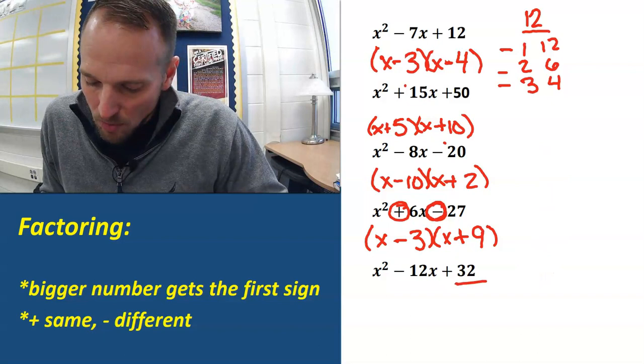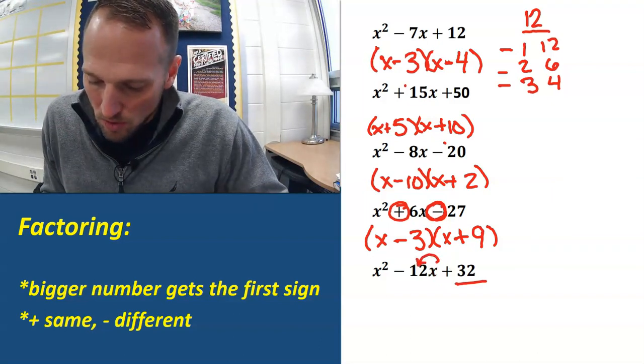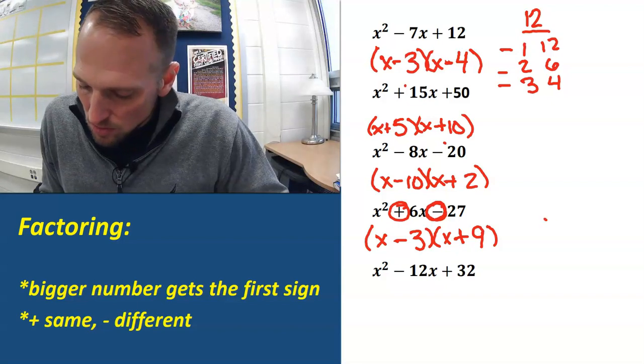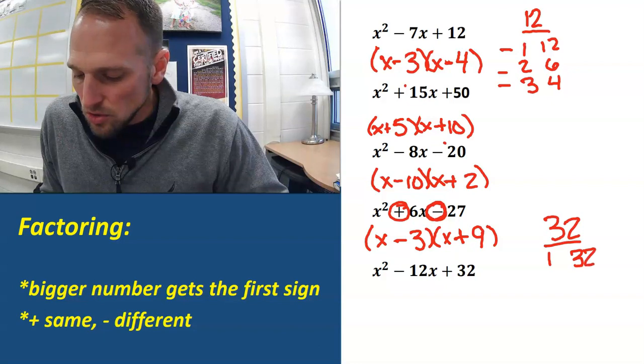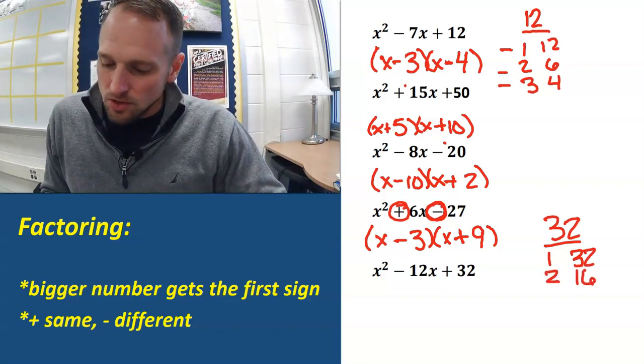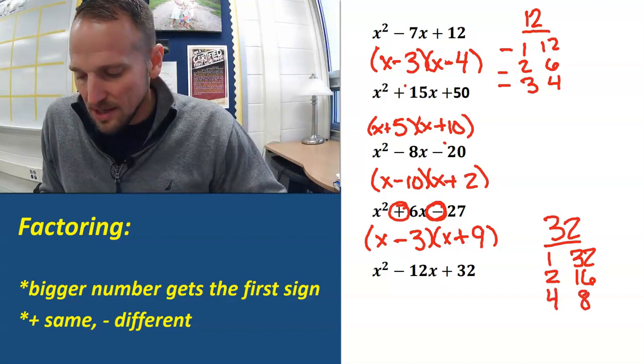So we need numbers that multiply to get 32 and add to get 12. So 32. That could be 1 and 32, or 2 and 16. 2 times 16 is 32. Or 4 and 8.